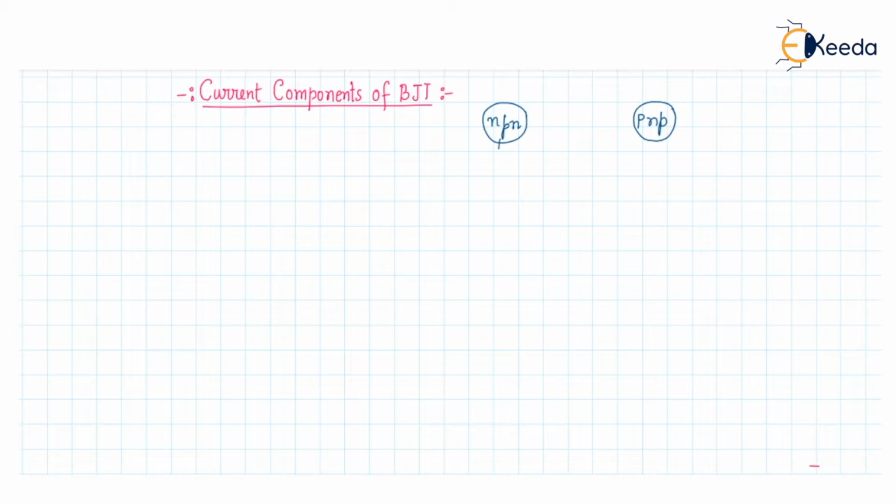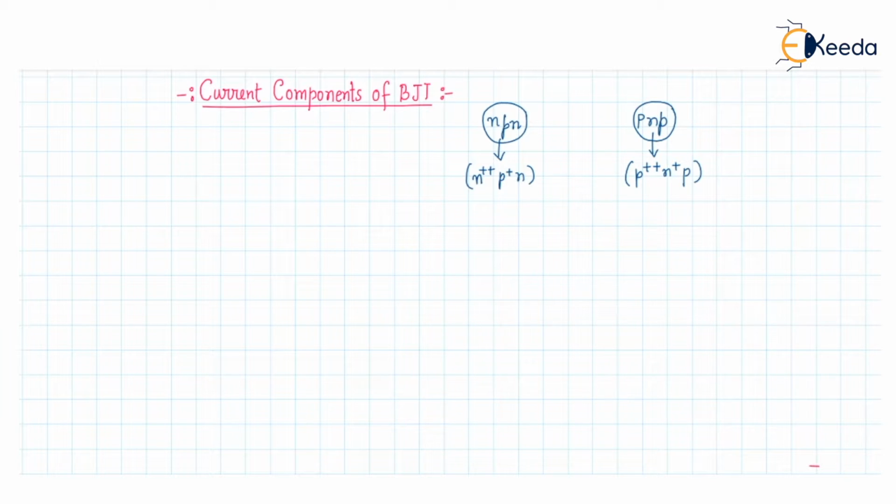For the NPN BJT we have seen that it is originally an N plus, P, N BJT, and for the PNP BJT the structure was P plus, N, P. Now we want to see what the current components inside this BJT device will be.